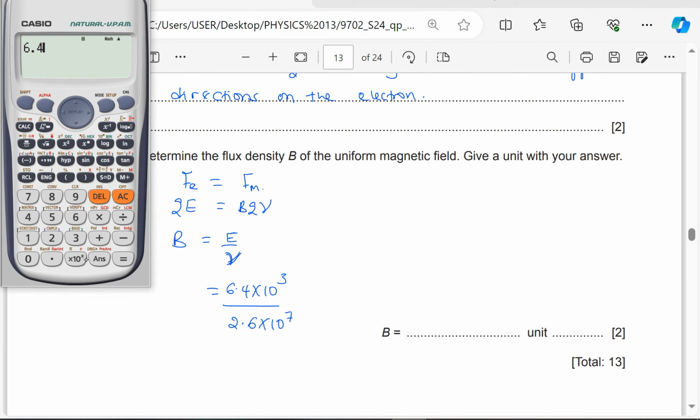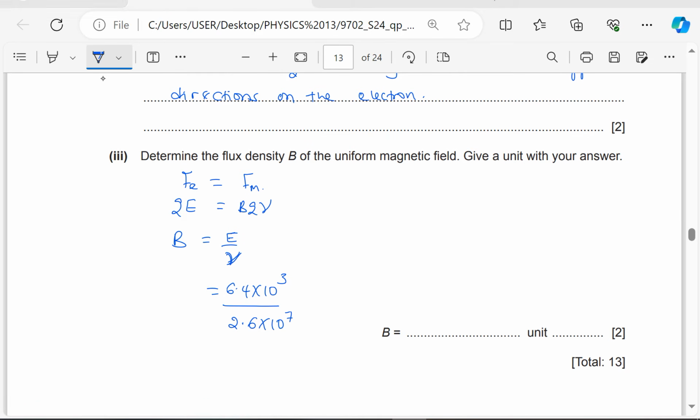That is 0.00025, so I'll write 2.5 times 10 to the power of minus 4. Of course, the unit of magnetic flux density is the Tesla, T.